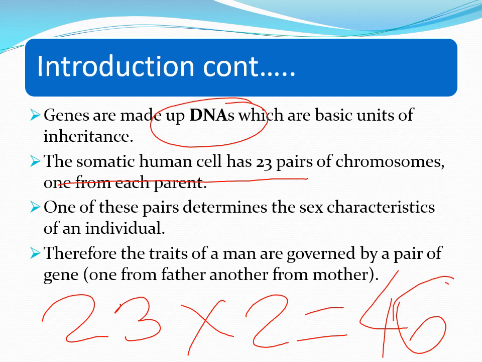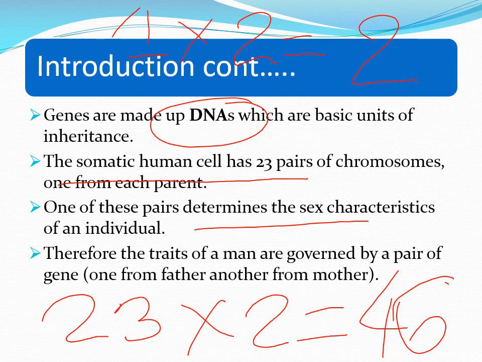Among these pairs, one pair is responsible for sex determination. That means if I multiply by 2, a human has 2 chromosomes which are responsible for sex determination.